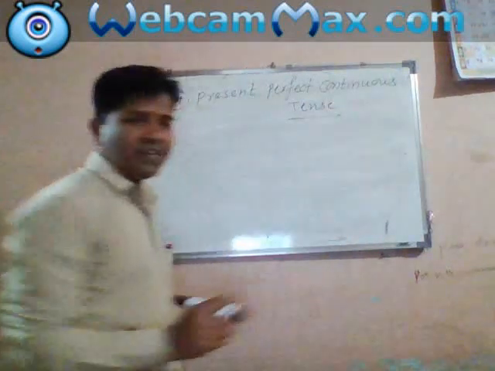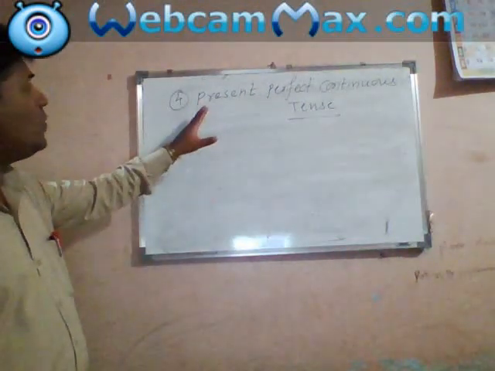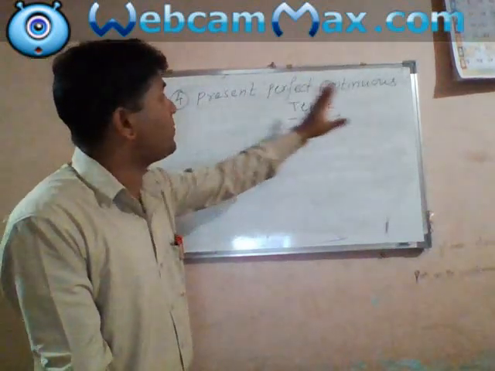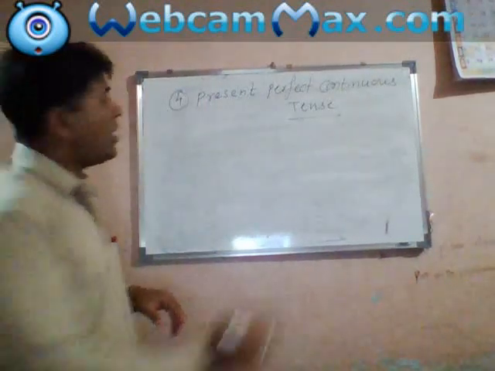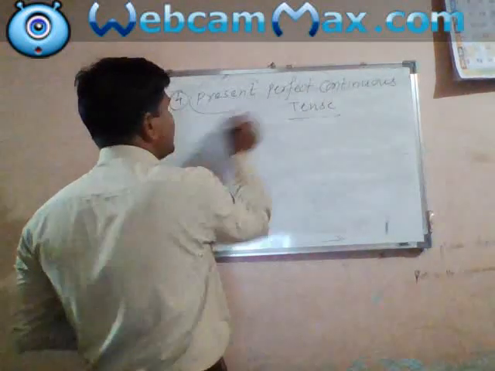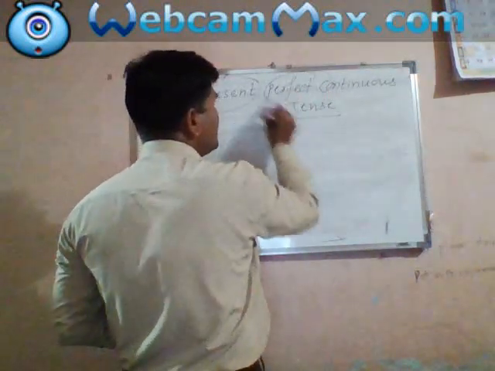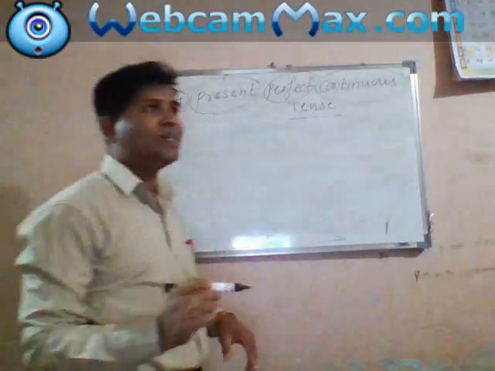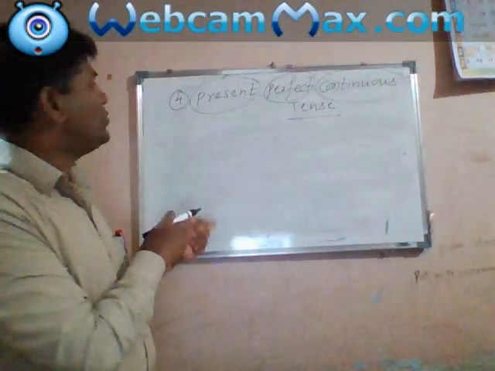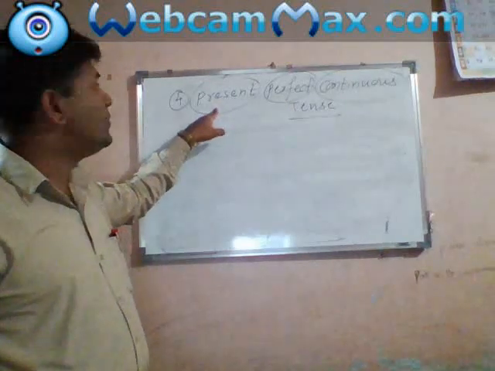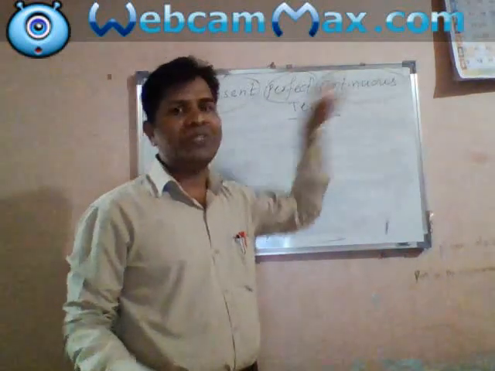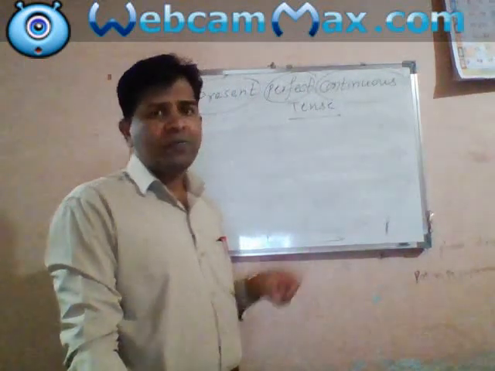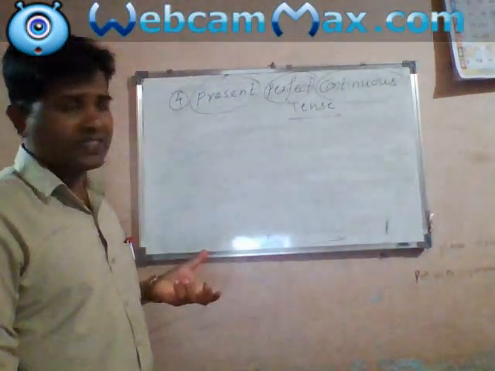Now you see here, the fourth tense in present tense is present perfect continuous tense. Now we understood present, we understood perfect, we understood continuous, and now we are going to learn when do we use present perfect continuous tense.